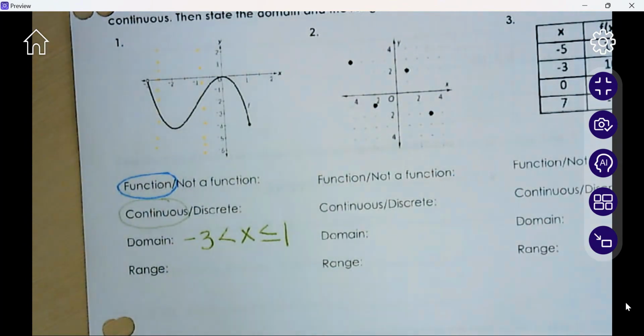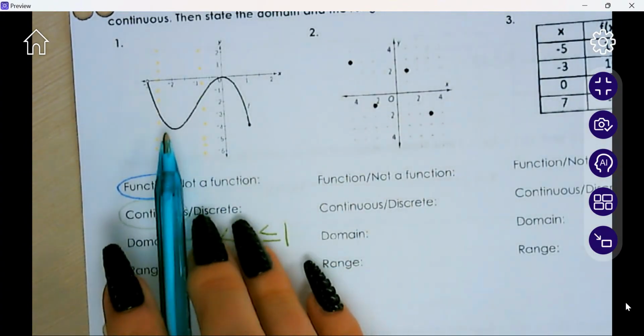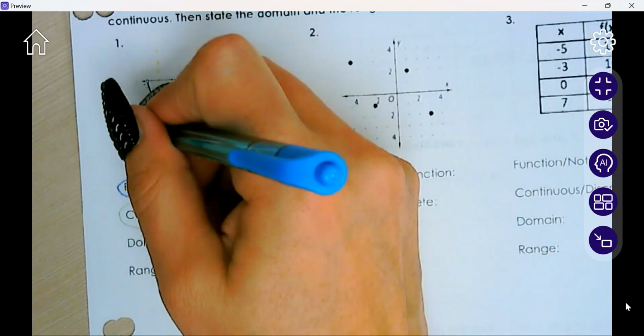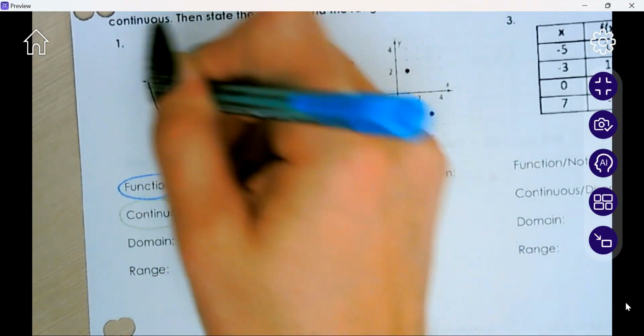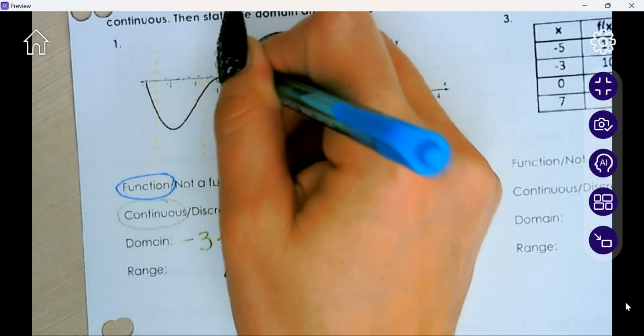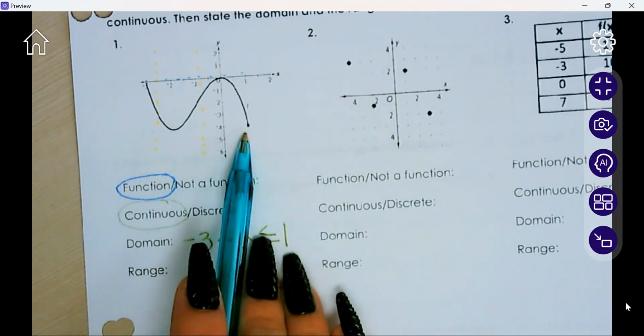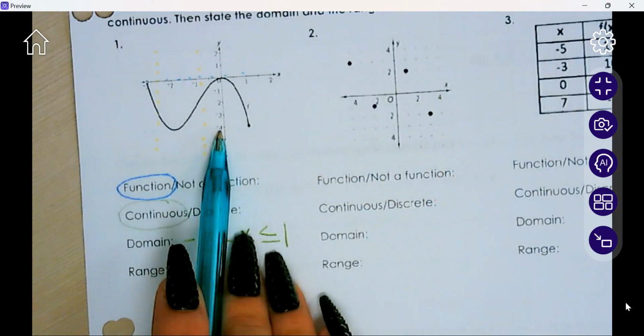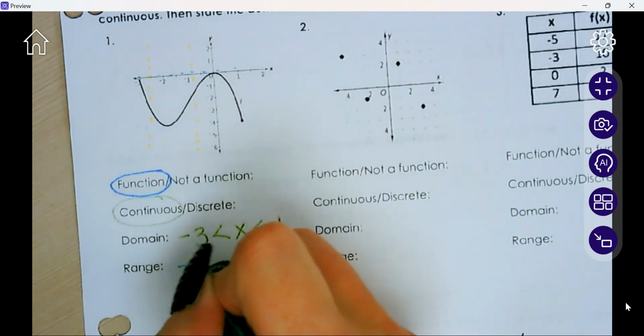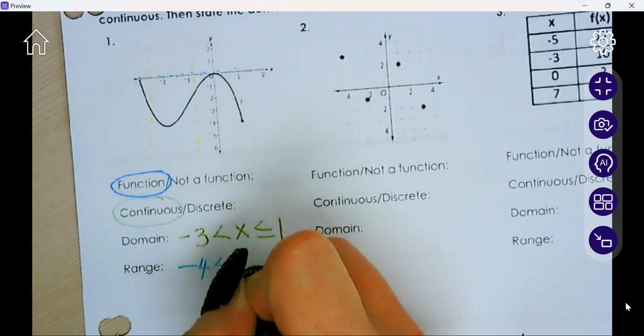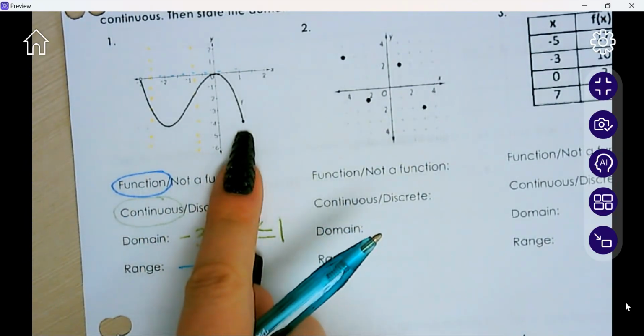Now, the range is the y values. The lowest y value would be over here, and the highest y value would be over here. If I take a look over here, it doesn't matter if I choose here or here. They both have the same y value of -4. So my lower bound of y is -4 because it can be a point.